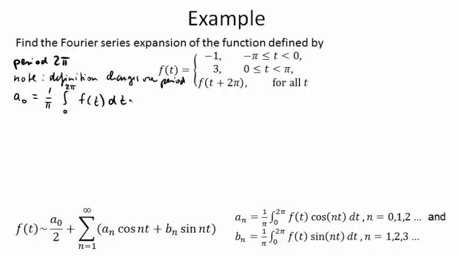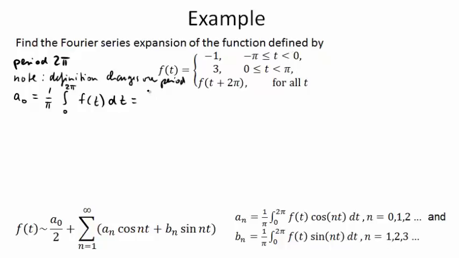Now, to integrate this, first of all, let's check. We've got the limits here from 0 to 2 pi for the integral. The definition of our function here is from negative pi to pi and then repeating. So we would be fine using 0 to 2 pi, but we would have to think about what we have between pi and 2 pi.